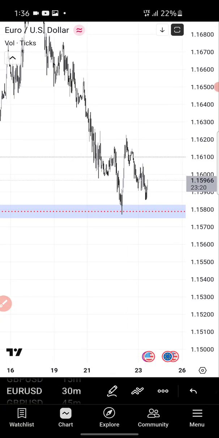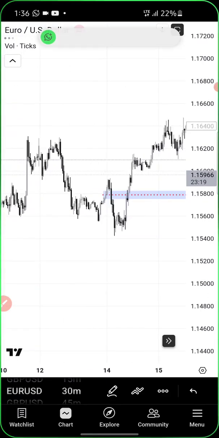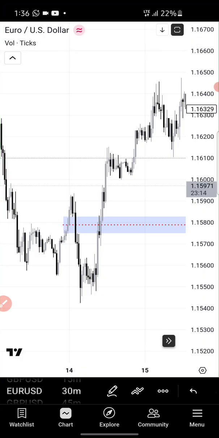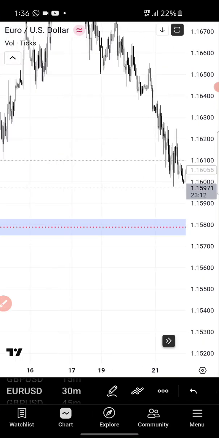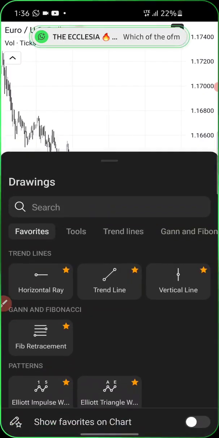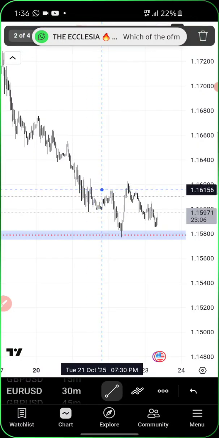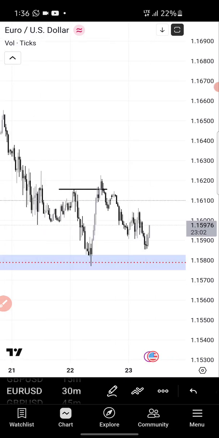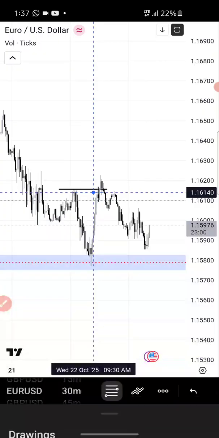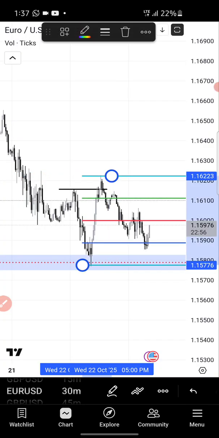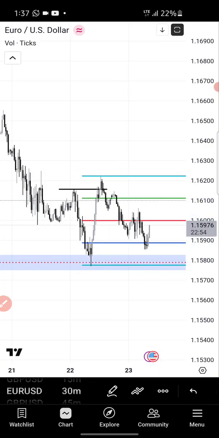I had to scroll back and see the liquidity here, and look at that fair value gap formed. Market came back, shifted market structure here. Then if we take the swing from here to here, there's deep discounts.